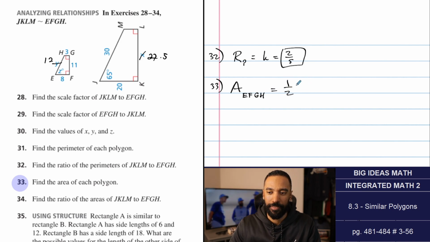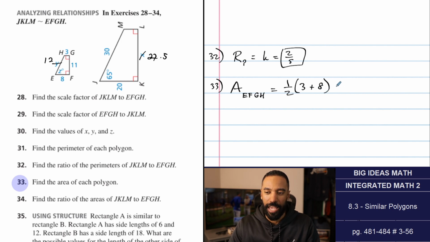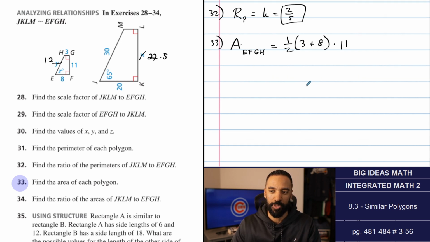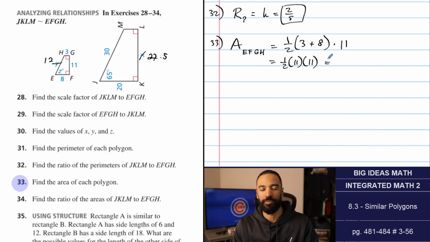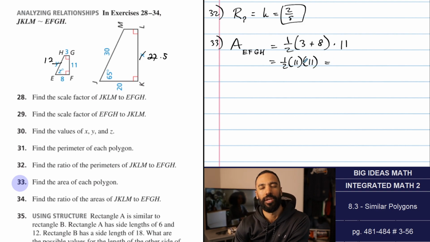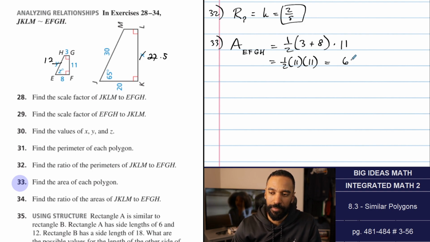That's 1/2 the lengths of your bases, 3 and 8, and multiply that by 11. 1/2, average the bases, multiply by 11. So that's half of 11 times 11. Well, better for me to do half of 121, which is 60.5 square units.